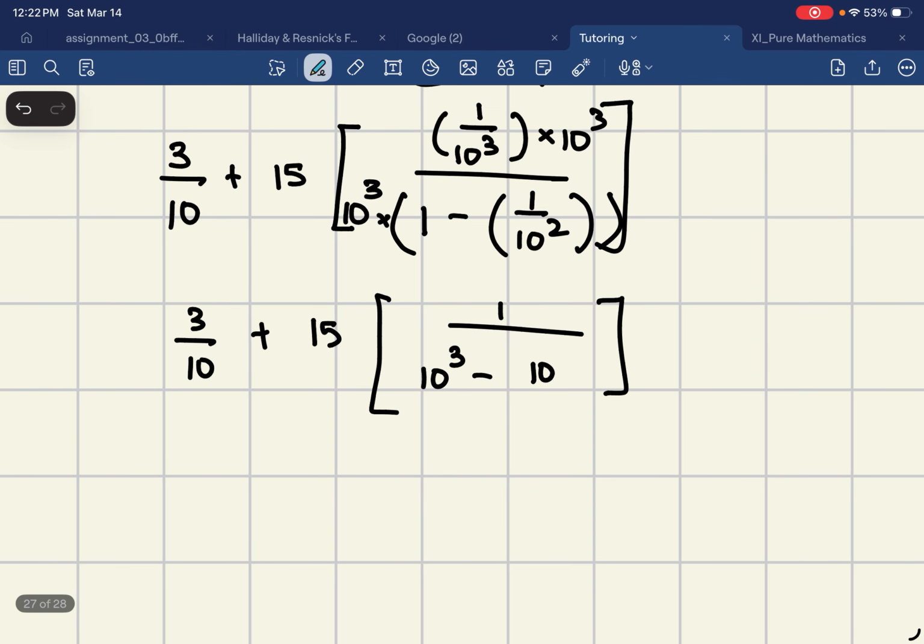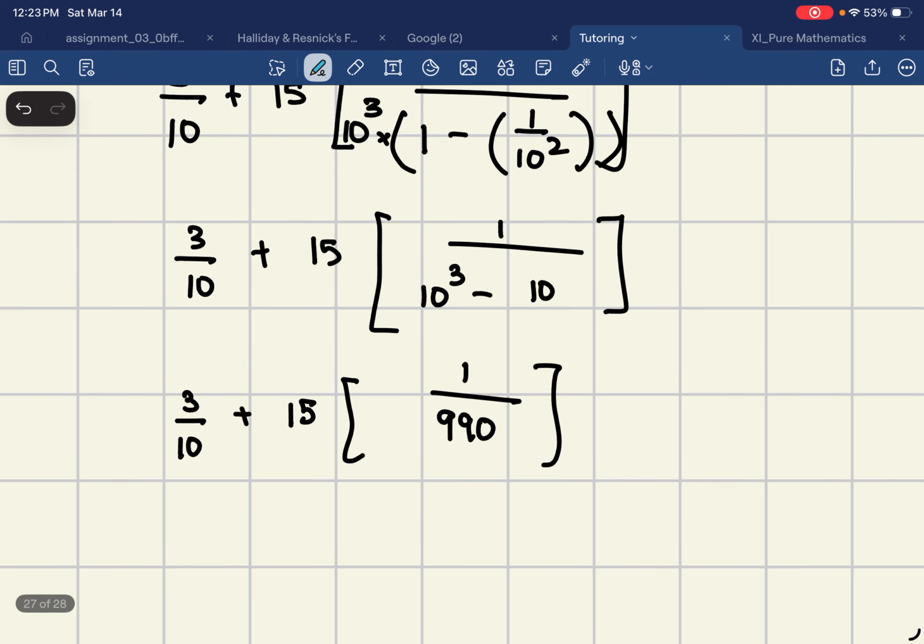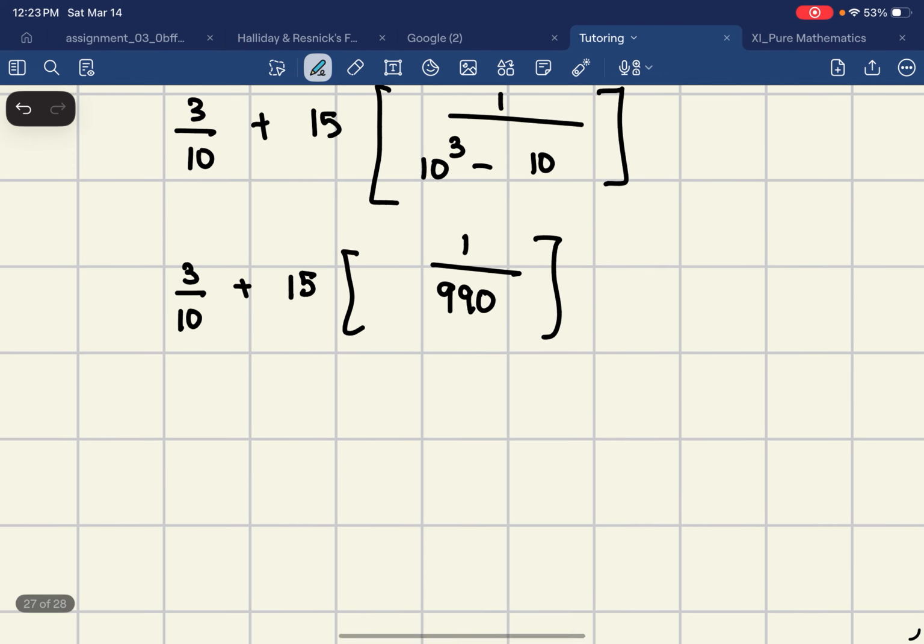And I'll leave you to check the algebra for yourself. So 15 divided by 1 over 990. So that is 3 over 10 plus 15 over 990.